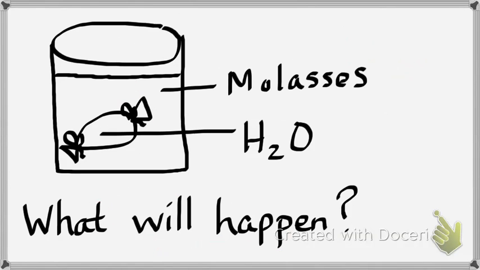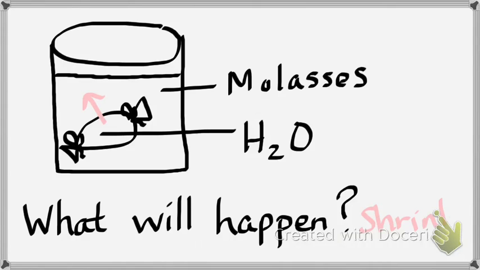Okay, check this one out. What will happen? Okay, Diamond thinks the water's going to move out of the bag. Do you agree? I do, because look, all the water is in the bag, and hardly any water is out of the bag. So what's going to happen to the bag? It's going to shrink.